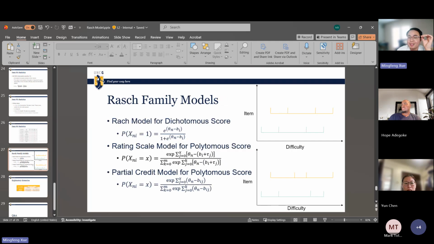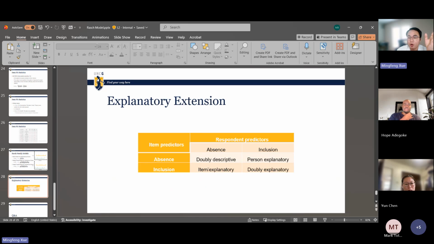And of course, sometimes we want to explain the item difficulty. Suppose we have many items, and some of the items contain a picture. You need to use a picture to help students understand the scenario. For those, we can also incorporate an item predictor on the item side. And this makes an item explanatory model.